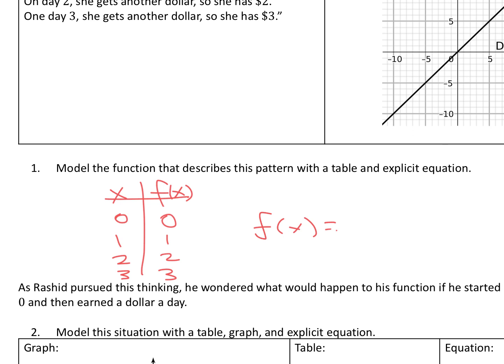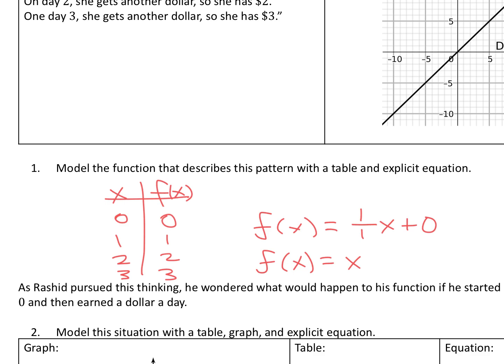So our slope or pattern is 1/1. That goes with our variable, and our 0 term is 0, because on day 0 she's got 0. So that is the equation for it. If we want to simplify it, we could write f of x just equals x, because 1/1 times x is just x, and we don't have to write the plus 0.